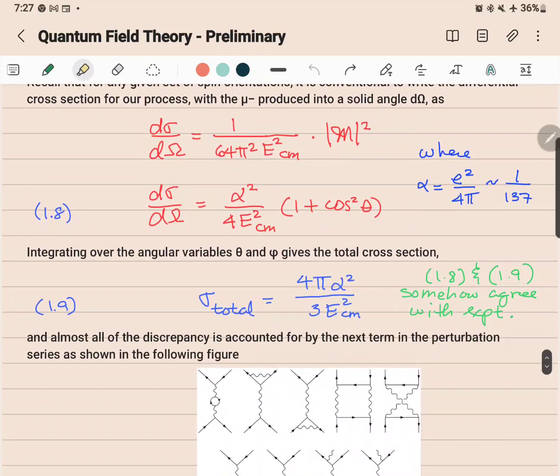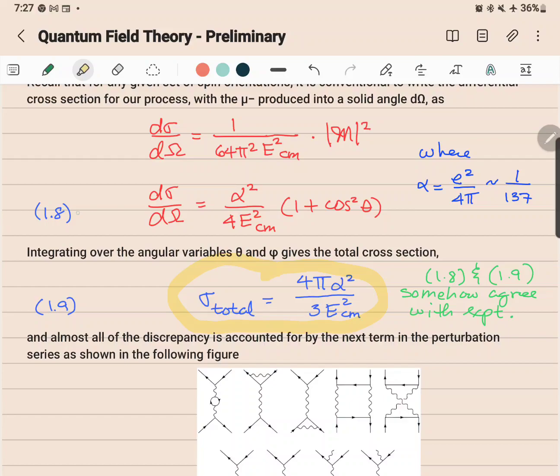So if we integrate over the angular variables theta and phi, we'll be getting the total cross section.